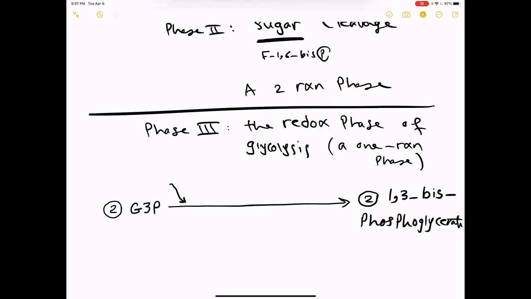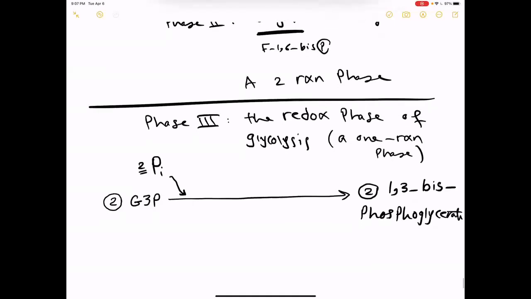I said you have 2 inorganic phosphate groups from the cytoplasm going in. And then I wrote this coenzyme business. I said 2 NAD plus into 2 NADH and the 2 hydrogen ions.